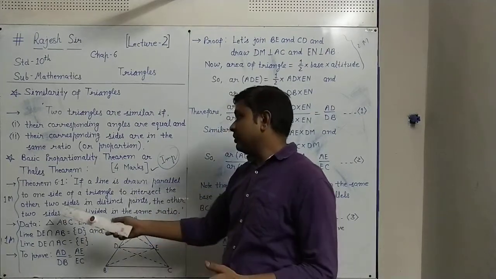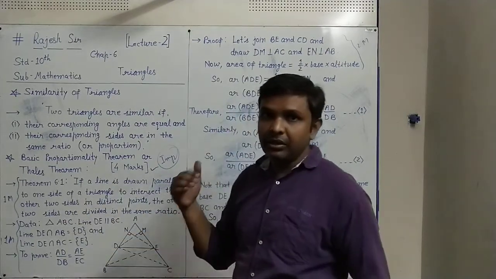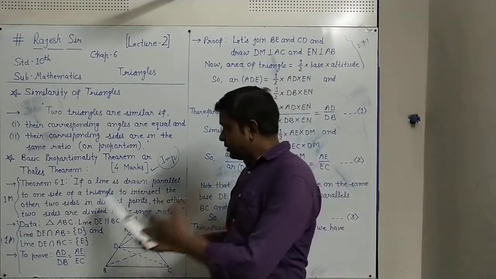From this figure we will write the data, meaning the given things in triangle ABC.